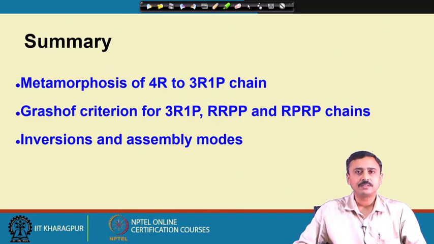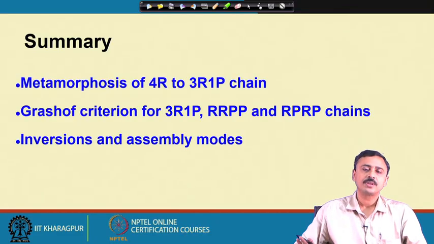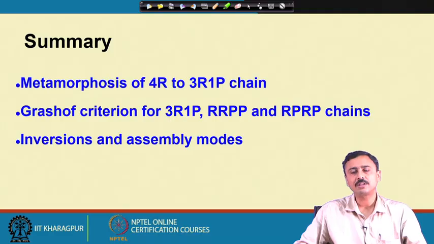We have looked at the inversions and assembly modes of these chains, both Grashof and non-Grashof, and we have seen that a Grashof chain has distinct assembly modes, whereas a non-Grashof chain has a single assembly mode. So, with that I will conclude this lecture.